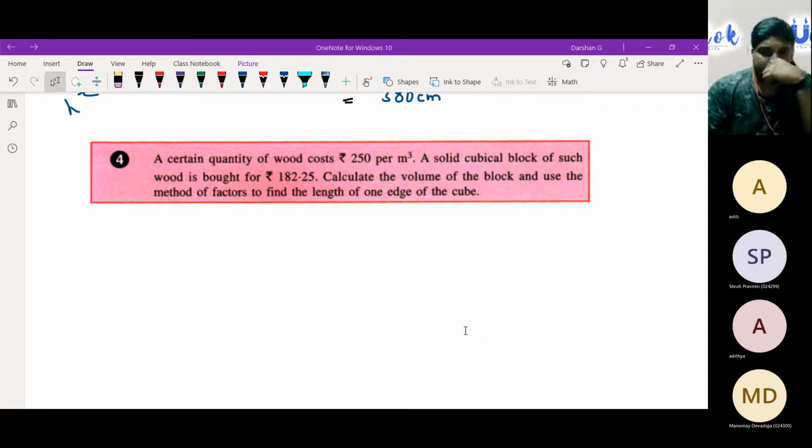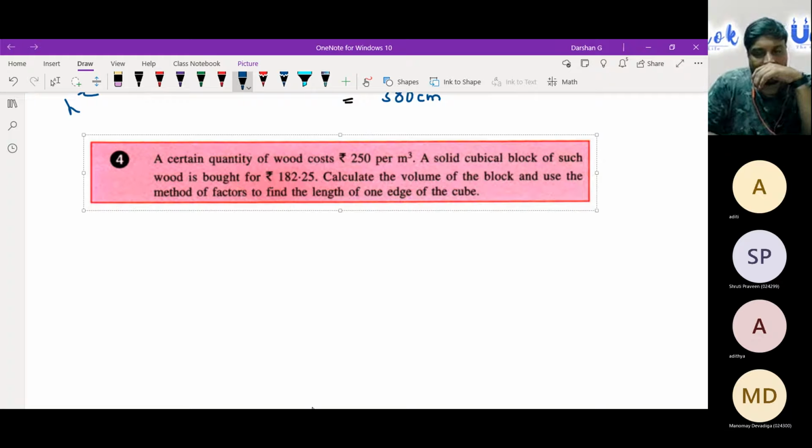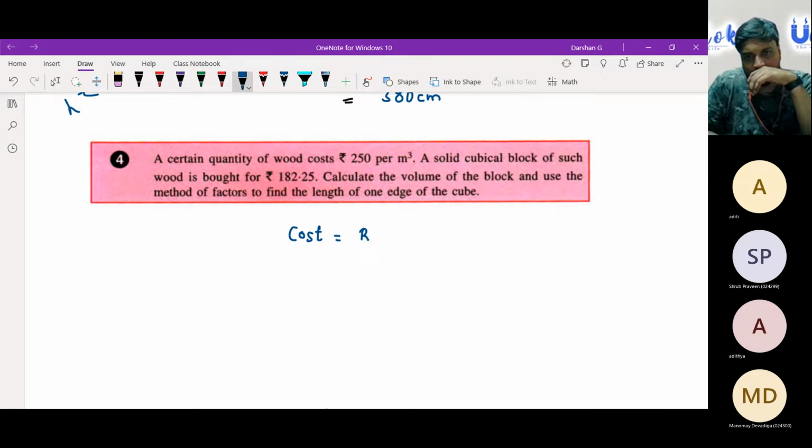For this, we had revised one of the topics yesterday: cost of an article. According to that, what's the formula? Cost equals rate times quantity. Use this, please.